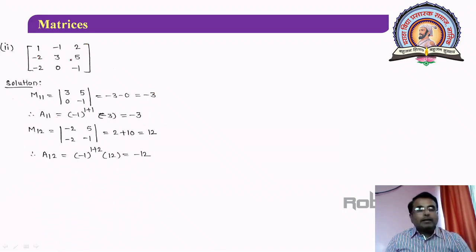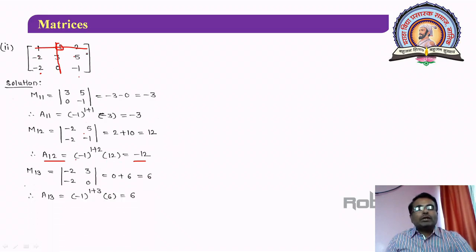For the second element minus 1, what to do? Delete the first row and second column. So minus 2, 5, minus 2, minus 1, these are your elements in the determinant. So it will give 12, but for A12 it is minus 1 raised to odd, therefore it is minus 12.